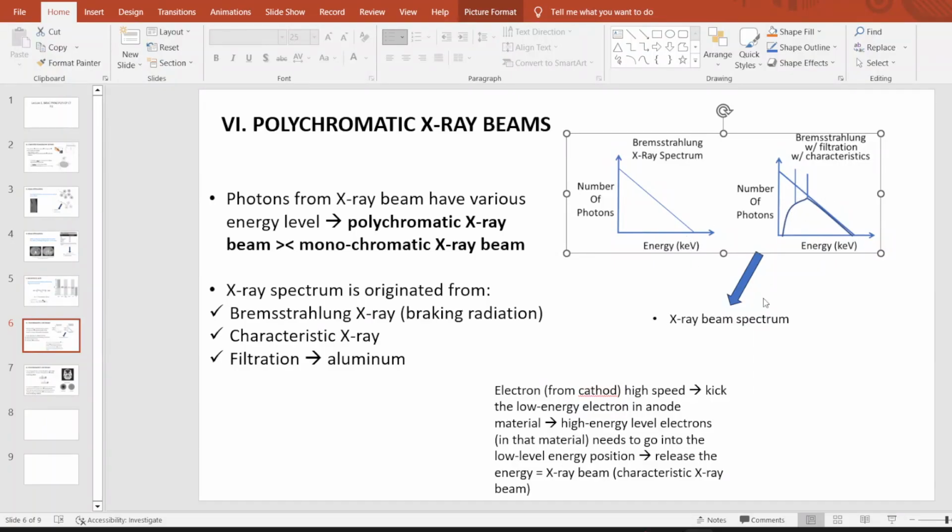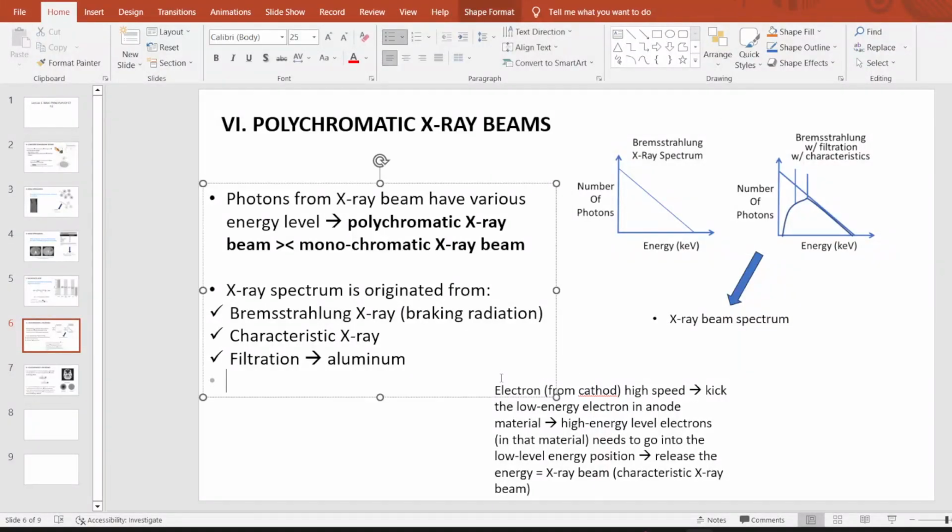And the filtration eliminates the low energy side of the X-ray spectrum. So altogether, just remember our X-ray beam has various energy levels, and that's called polychromatic X-ray.